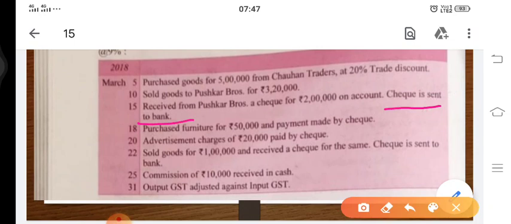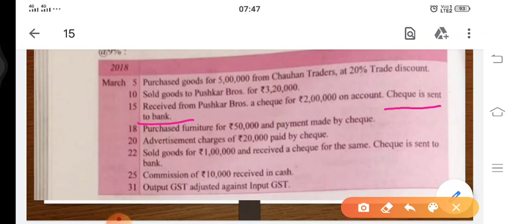Sometimes what happens is that we have collected a cheque, but we did not send it to the bank. Now just think of it, if you collected a cheque but you did not send that cheque to the bank, then your bank did not get debited because you are not receiving that amount into your bank account. You just have received a cheque and not money into your account.